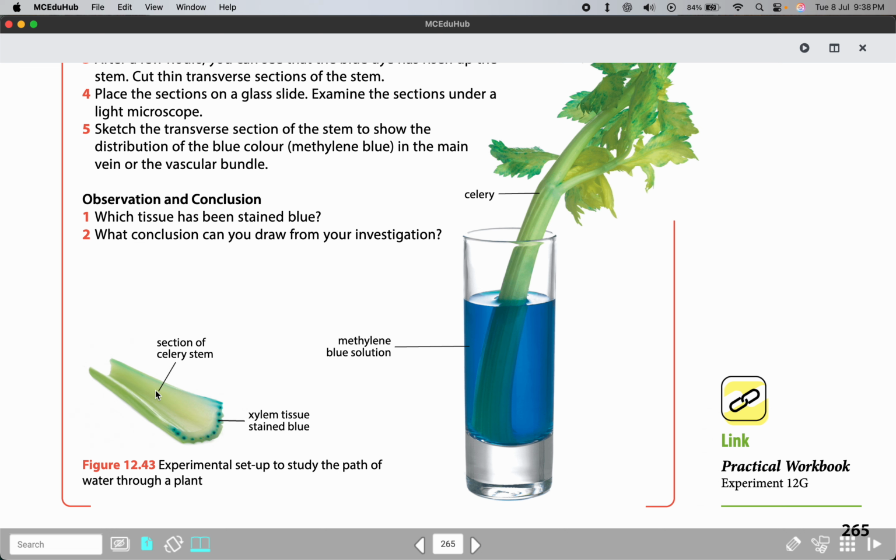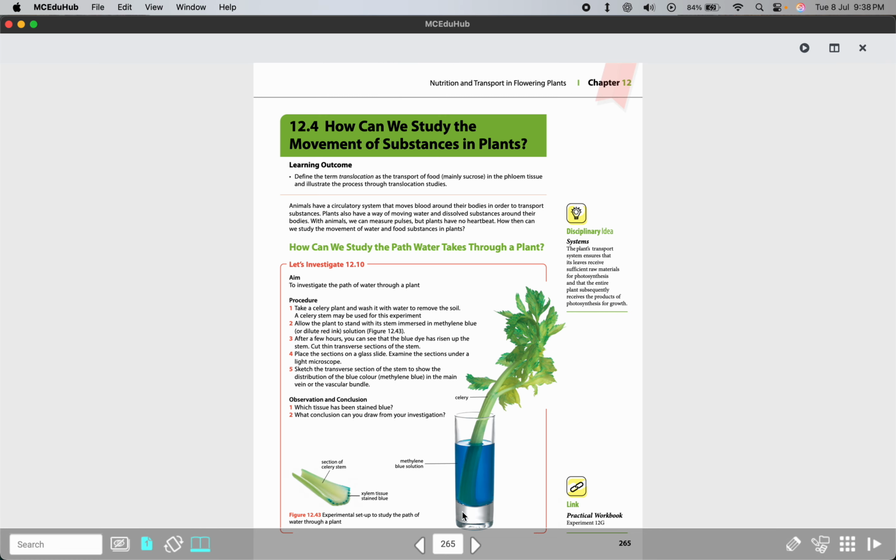Over a period of time, you will see that the xylem tissue will be stained blue. And if you look very closely, you will notice that it's actually only the xylem, it is not the phloem. So what conclusion can we draw from this investigation? Water will be transported through the xylem. Pretty simple experiment.